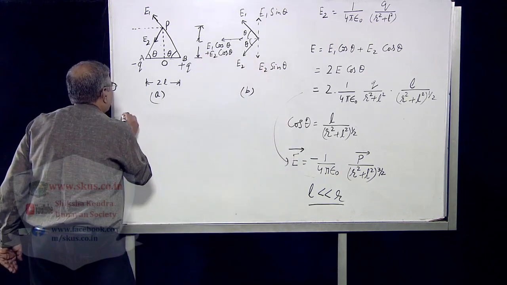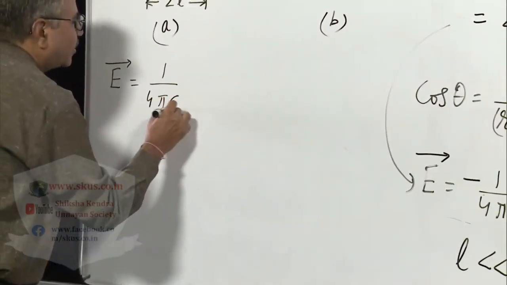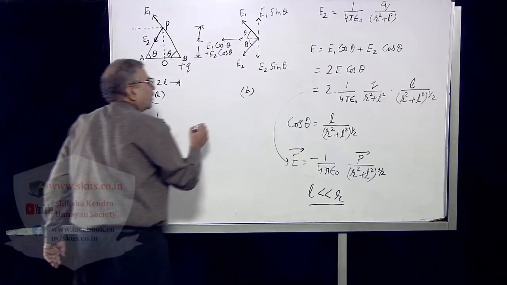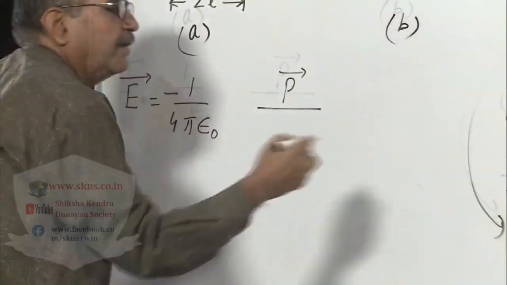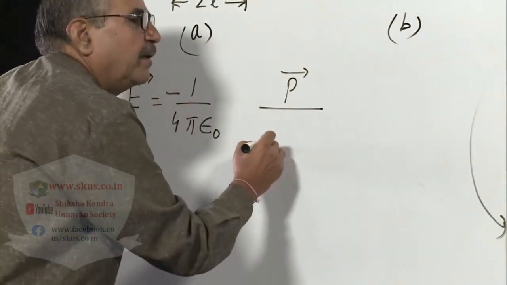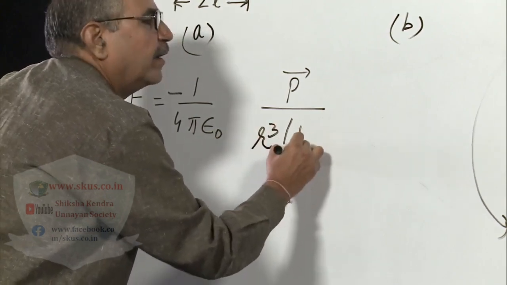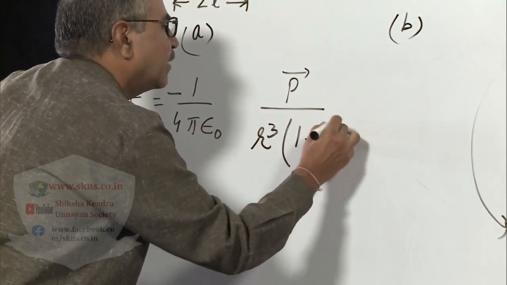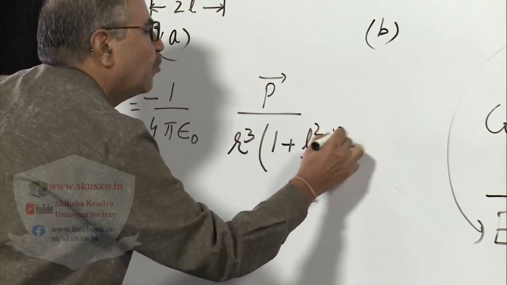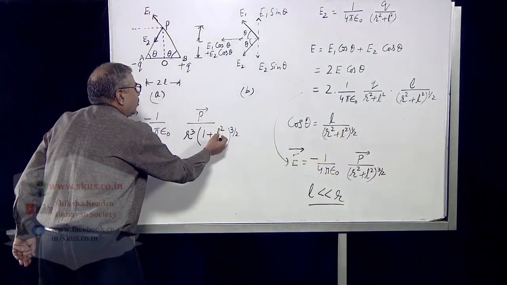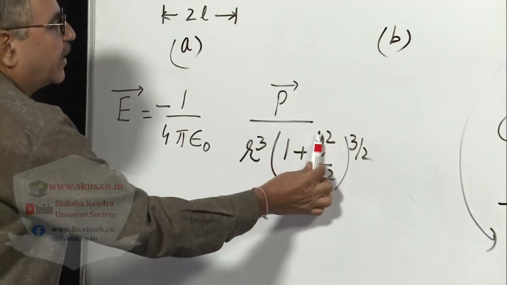Expression for electric field E will be 1 upon 4 pi epsilon naught P upon, dividing and multiplying by r square, so it will be r cube times 1 plus L square upon r square raised to power 3 by 2. As L is very small as compared to r, this term can be neglected.